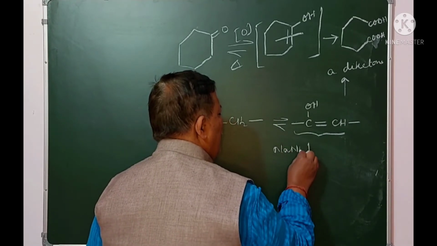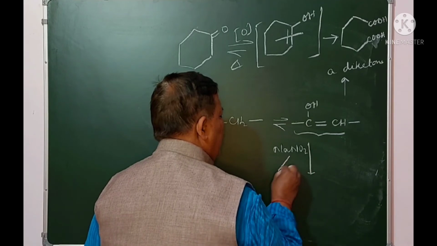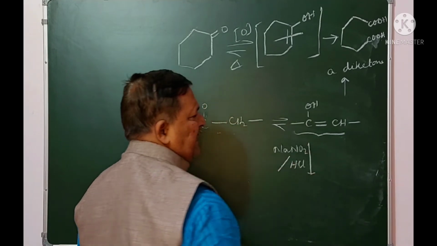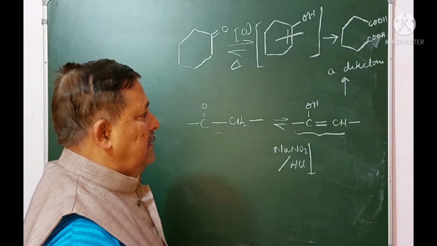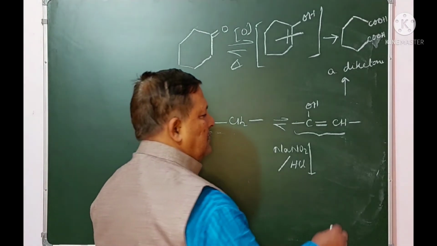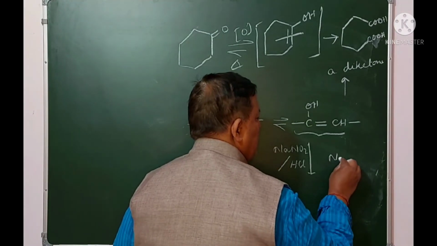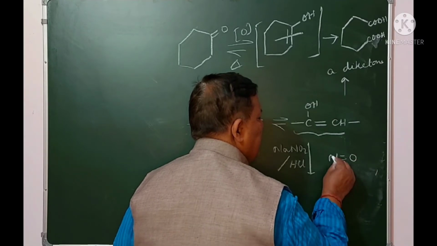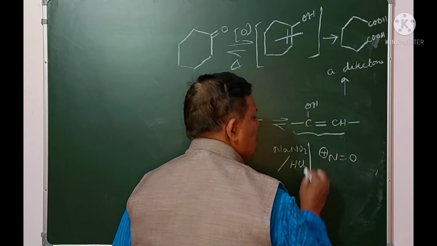NaNO2, when allowed to react with dilute HCl, produces nitrosonium ion.